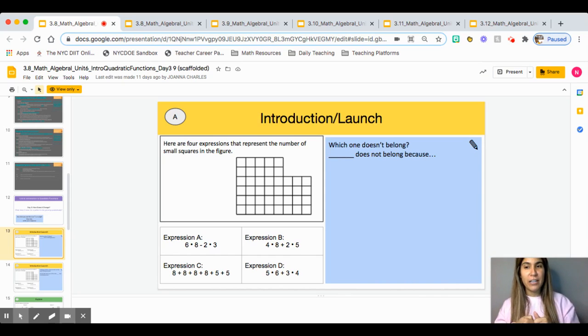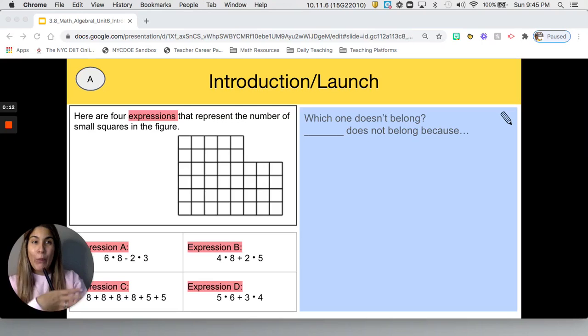I will insert a clip right around here, right around this time point, so that you can see how this could be modeled with our multilingual learners and what are ways that we can approach this by accessing prior knowledge. We are going to work together on the introduction launch slide of this lesson to problem solve how we can approach these types of questions.